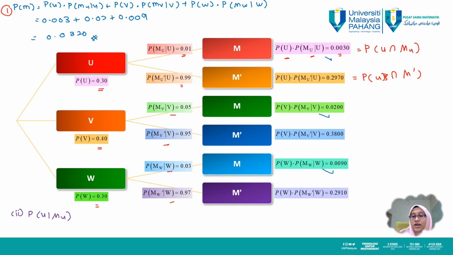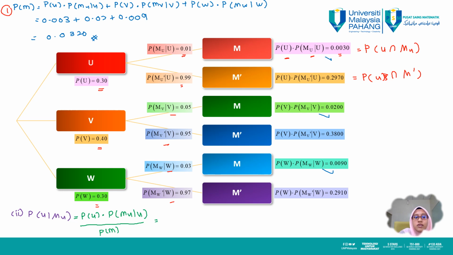This is what we call Bayes' theorem, the inverse. So the formula is the probability for U multiplied by the probability of M given U, divided by the total mistake, that means probability M. This one we already calculated in question number one.